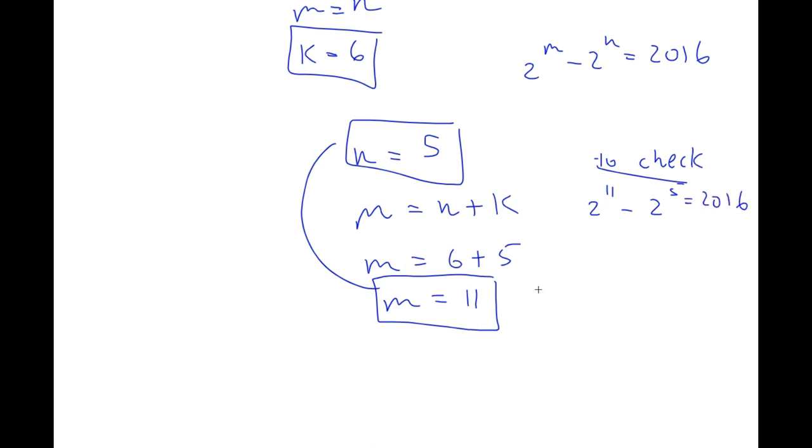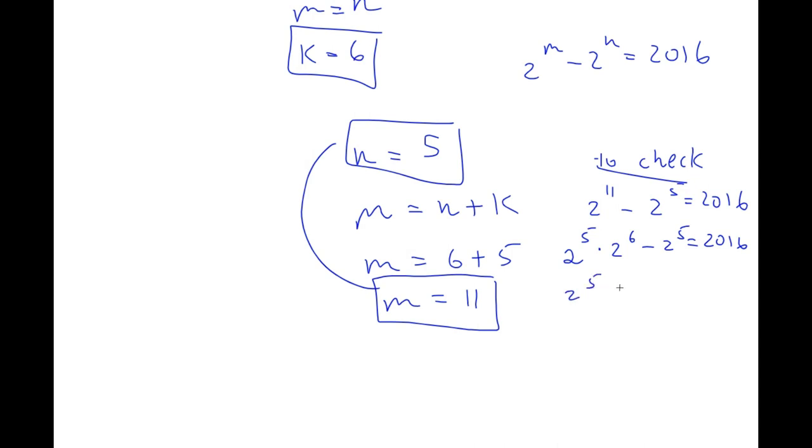Now, 2 to the power of 11, I'm going to go ahead and rewrite that as 2 to the power of 5 times 2 to the power of 6. So now I have this minus 2 to the power of 5, which is 2016.